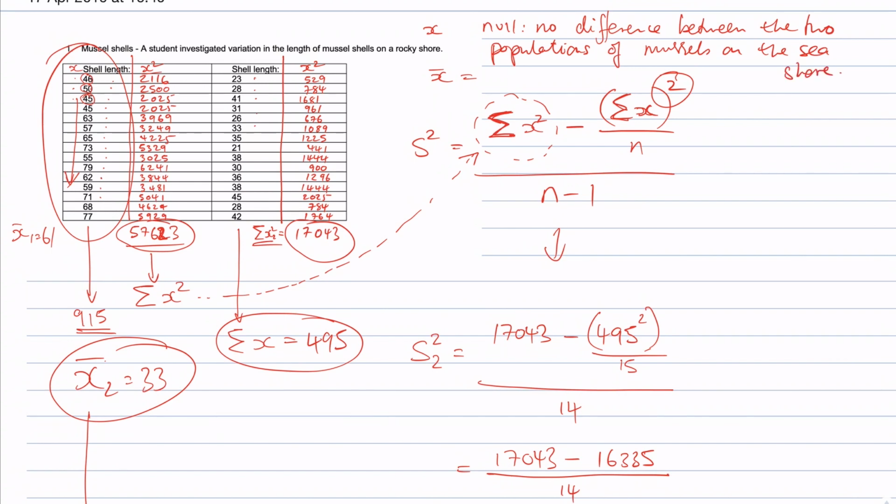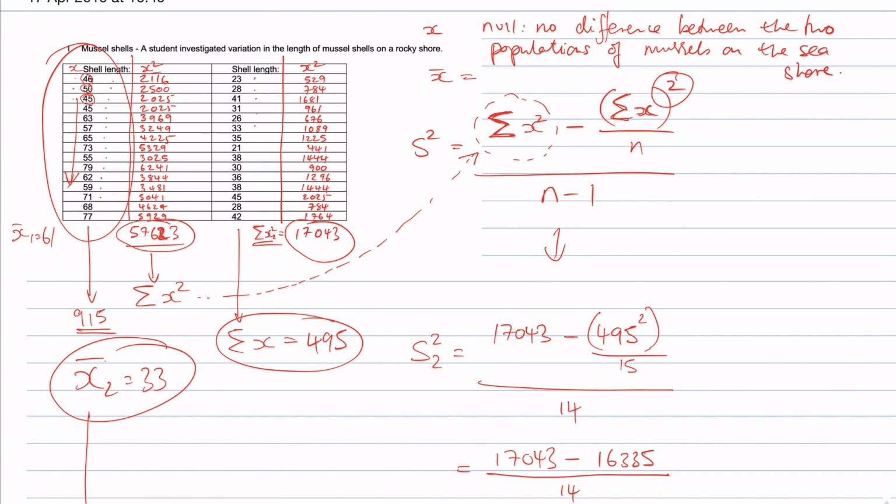Now in a regular question you would get some variable that might be causing the difference. So maybe they were looking at the shell lengths of mussels near the seashore versus the shell lengths of mussels far away from the seashore, and therefore the distance from the water level might have been the factor that's affecting the mussel shell lengths.